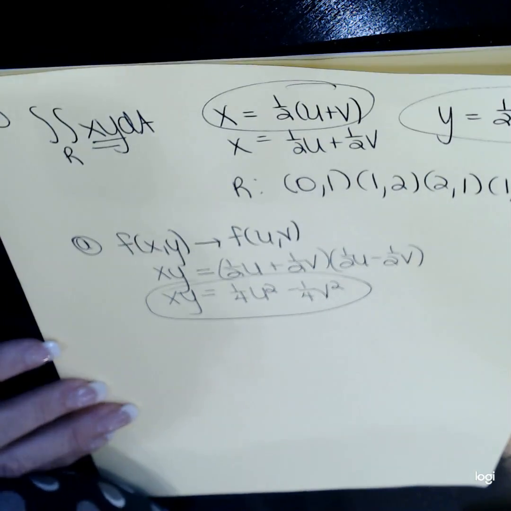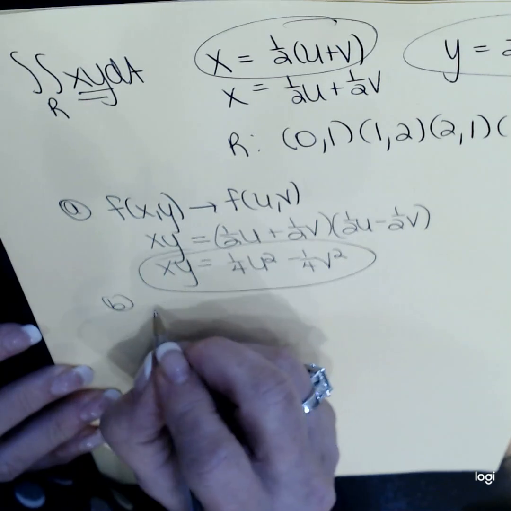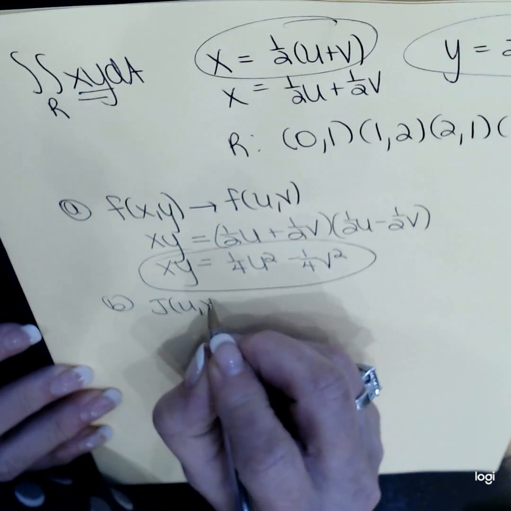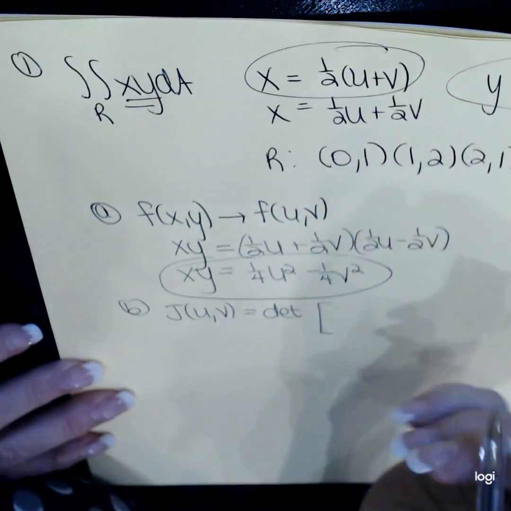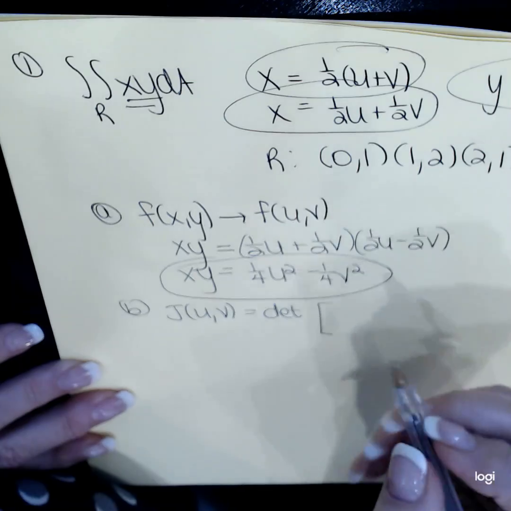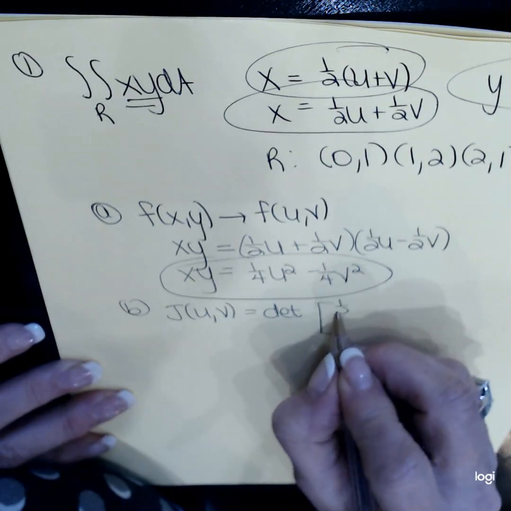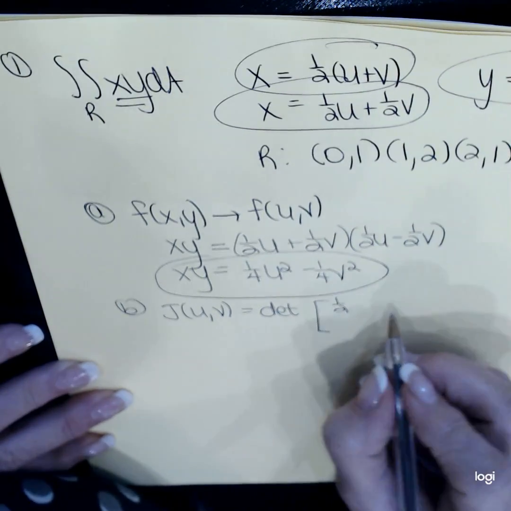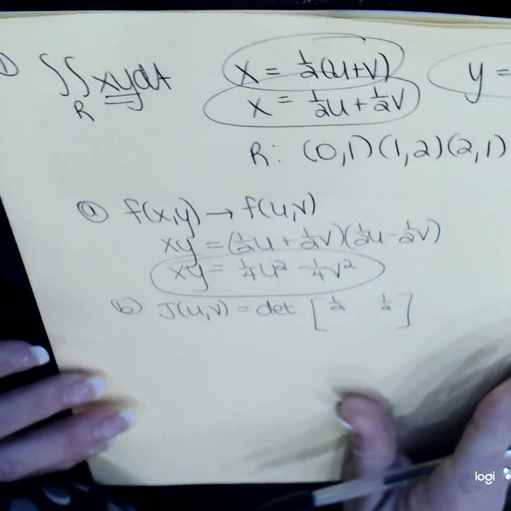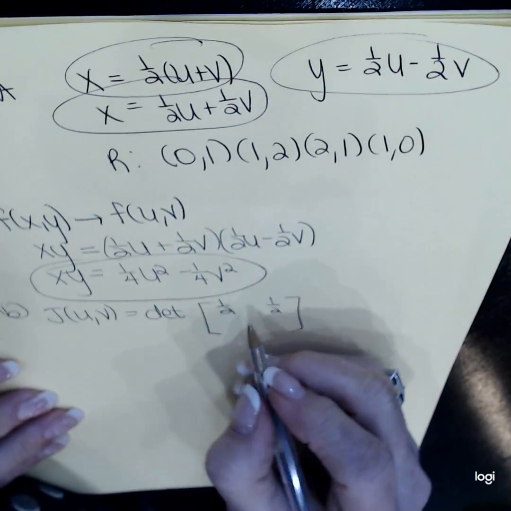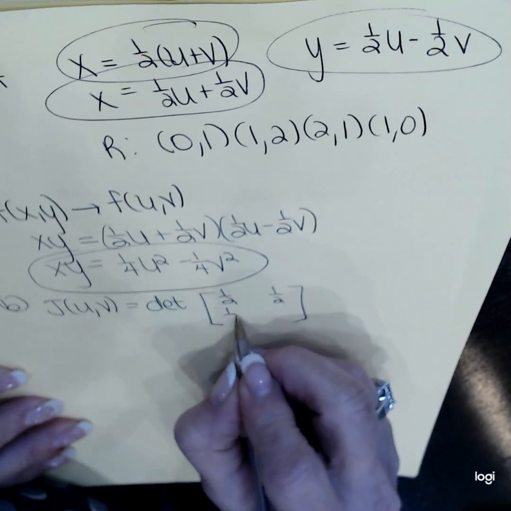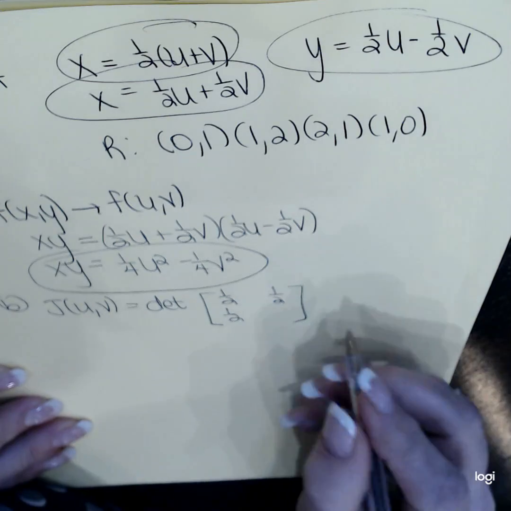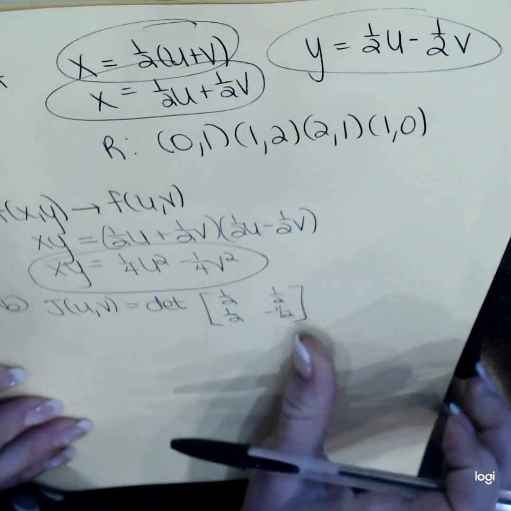Okay, and so next I'm going to go ahead and calculate my Jacobian. And the Jacobian, remember, is going to be the determinant of the matrix, which has across the first row the partial of x with respect to u, which is 1/2, partial of x with respect to v, which is 1/2. Across the second row, we're going to use the partial of y with respect to u, which is 1/2, and the partial of y with respect to v, which is negative 1/2.